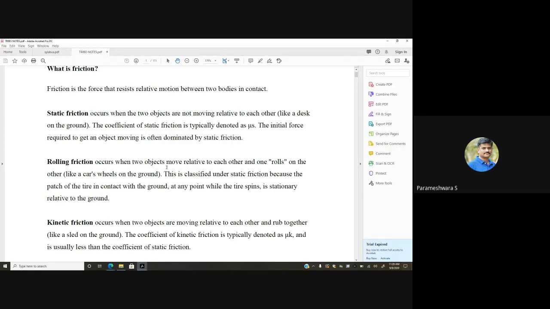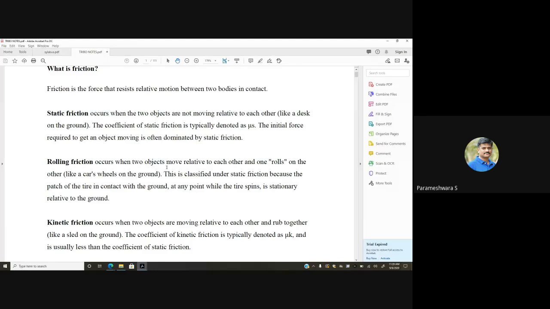This static friction occurs when the two objects are not moving relative to each other. The best example is a desk on the ground. Say the desk is stationary and the ground is also stationary. The desk stays on the ground purely due to the friction between the desk and the ground.